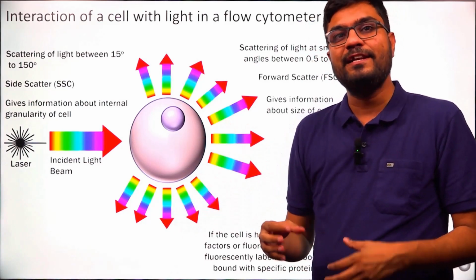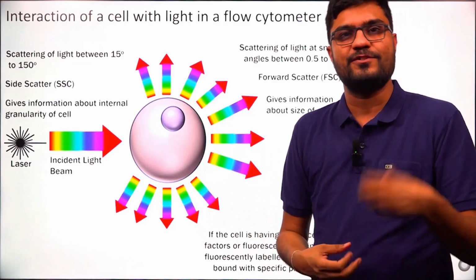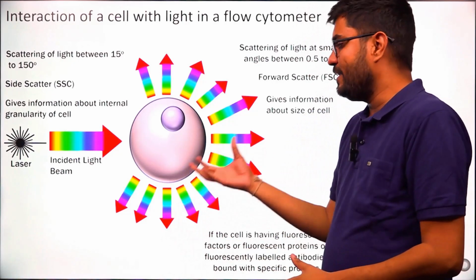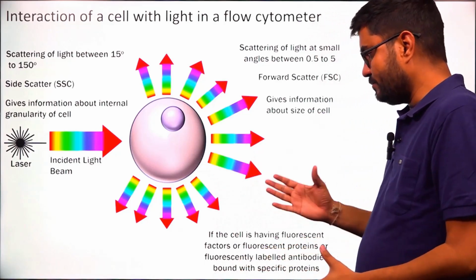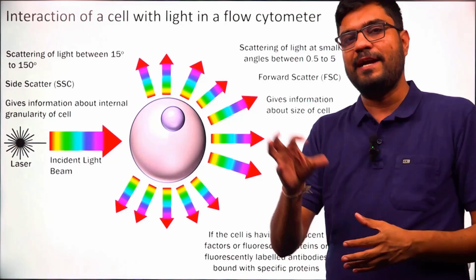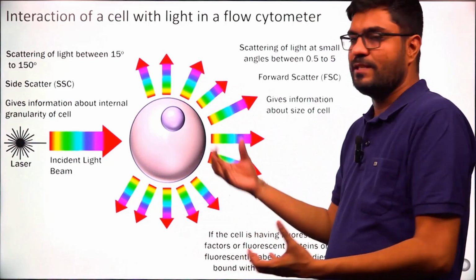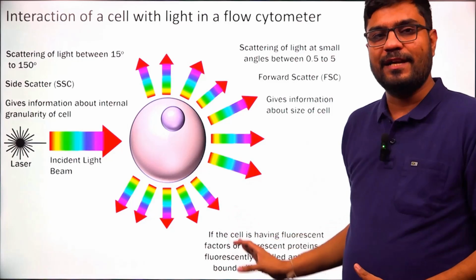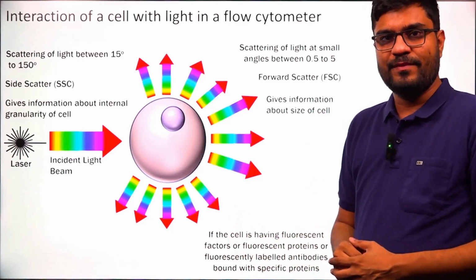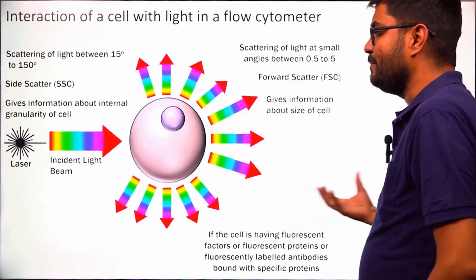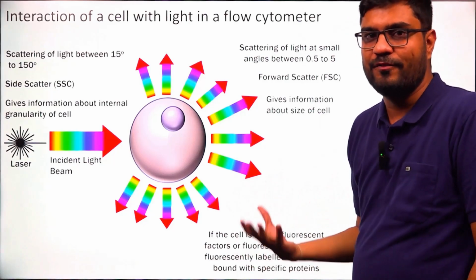So it can have an inherent fluorescence, it can have presence of a fluorescent protein, it can be stained by a fluorescent dye, or it can be having fluorescently labeled antibodies which are binding against specific proteins of this cell. So all these type of fluorescent molecules can absorb the light at a particular wavelength, and then emission of light will happen, and then ultimately we will get the detection or we will get the information.